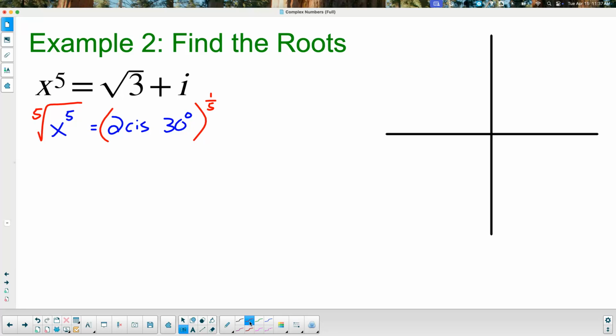De Moivre says what? That's step 2. What does old Rene De Moivre say? 2 to what power? The 1/5 power, cosine I sine of 1/5 times 30.